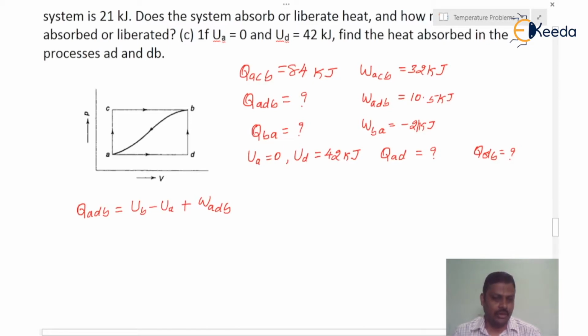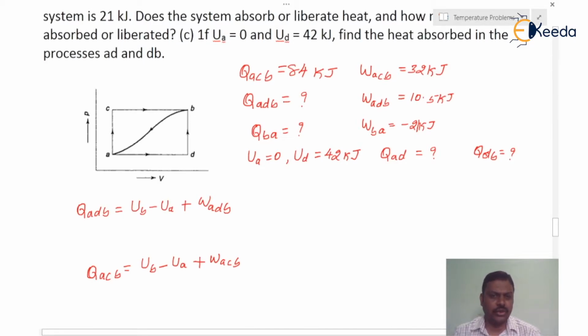To find out UB minus UA, let us apply first law of thermodynamics to process ACB. So then that becomes QACB equal to UB minus UA, final internal energy UB and initial internal energy UA, plus WACB.